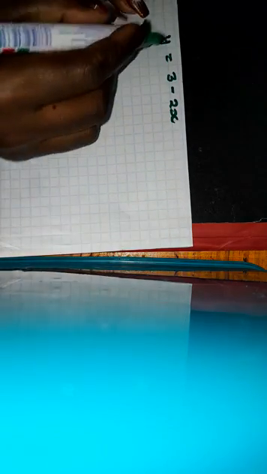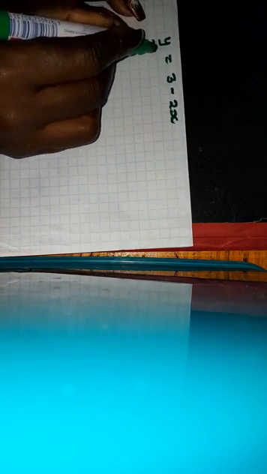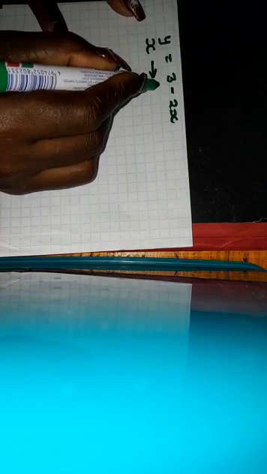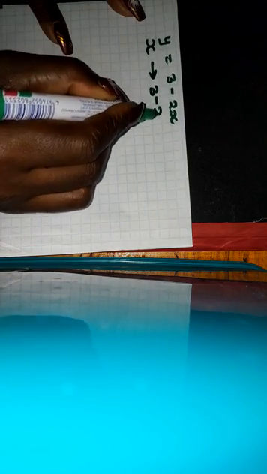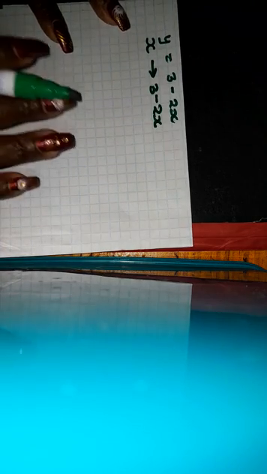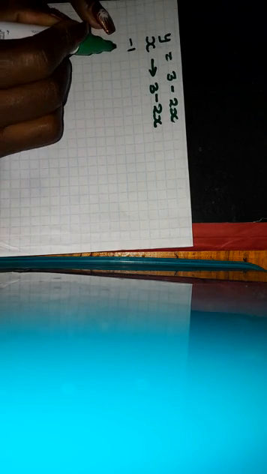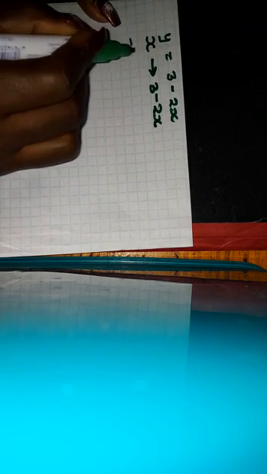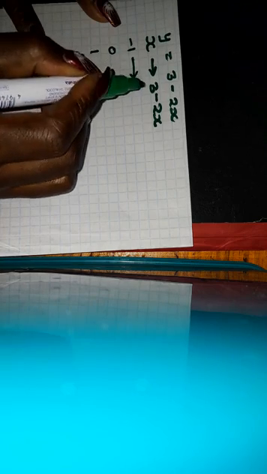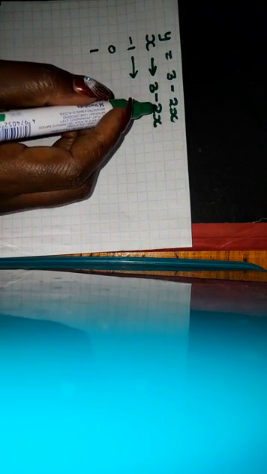So you write this as a mapping. It will be x maps onto 3 minus 2x. Remember the input values, which are the values of x. It should be -1, 0, 1. Remember, any input, any value of x is going to work.